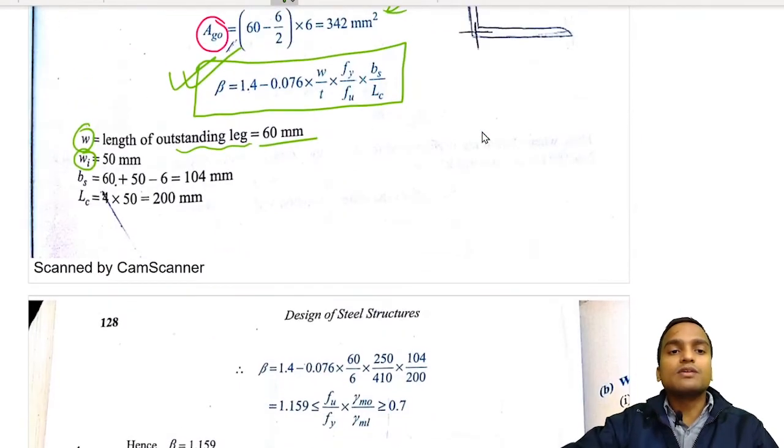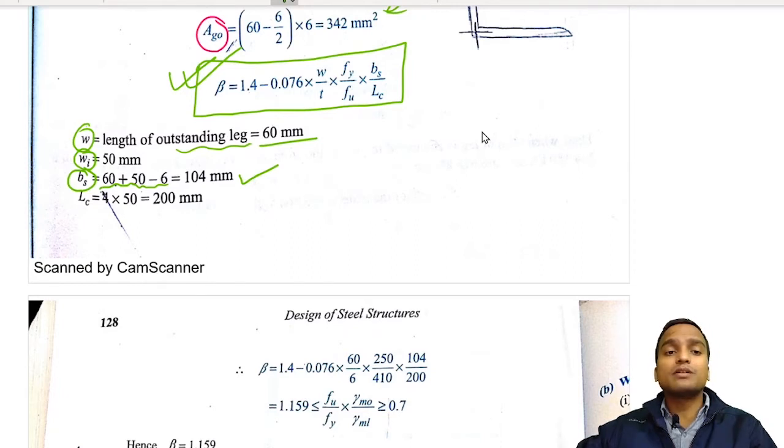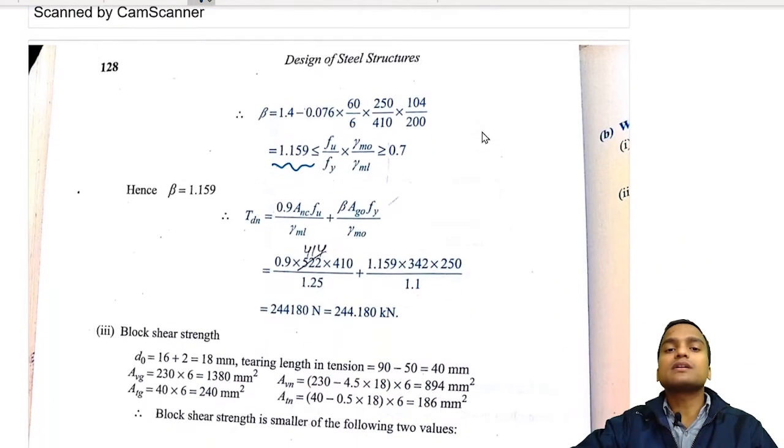The value of shear lag width BS in case of a bolted connection, this is the formula. We have used W plus WI minus T, and this comes out to be 104. And LC, the length of end connection, we have discussed. The distance between the outermost bolts is equal to 200 mm, and if we use all these values in the formula of beta, we can calculate that beta is equal to 1.159, and we can check it. It is greater than 0.7 also, and it is less than this value.